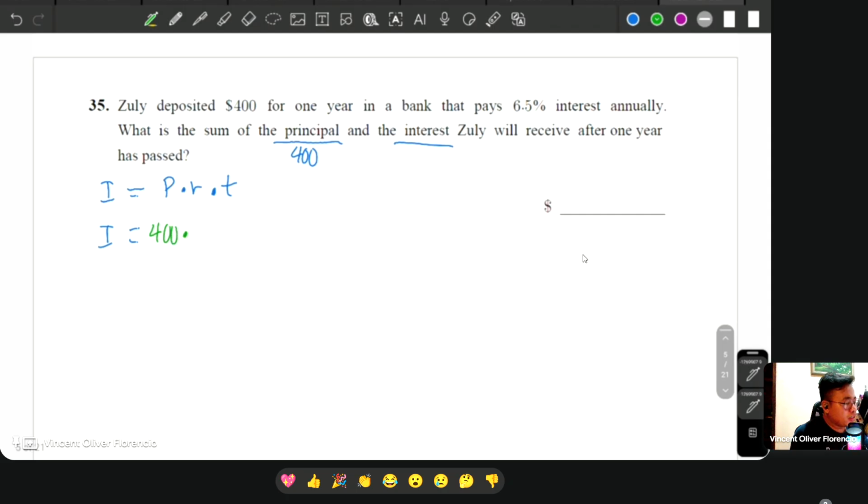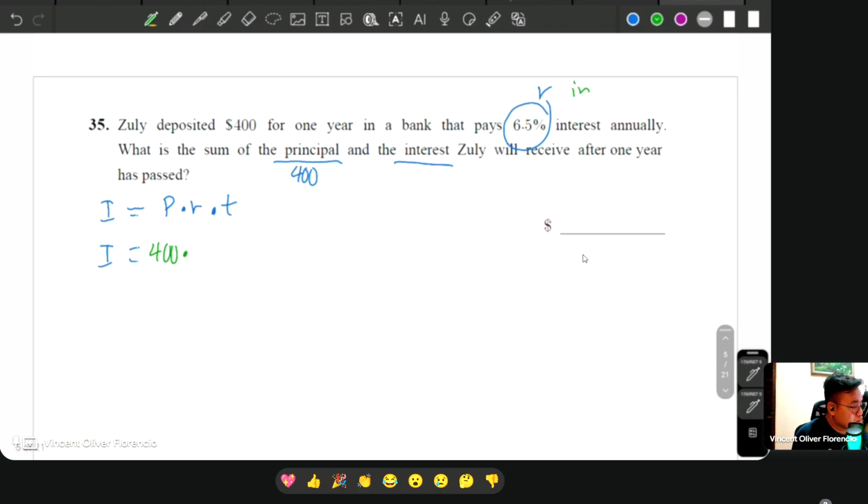Times, when you say R, that's the rate. However, that one is in percentage. It should be in decimal. Meaning to say, take note that the 6.5% is 6.5, right? You have to move that 1, 2.